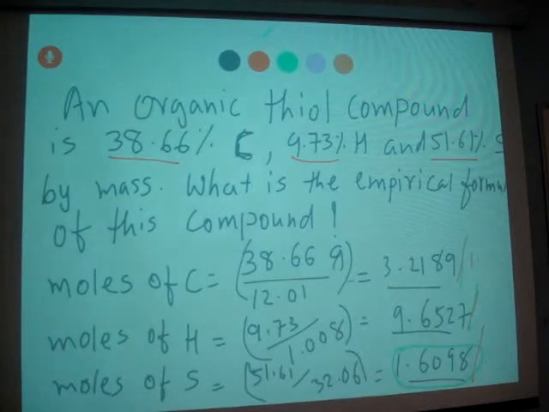So 1.6098, 1.6098, 1.6098. Go ahead and find out for each ratio what you get. You got this one is about 2, is that right?